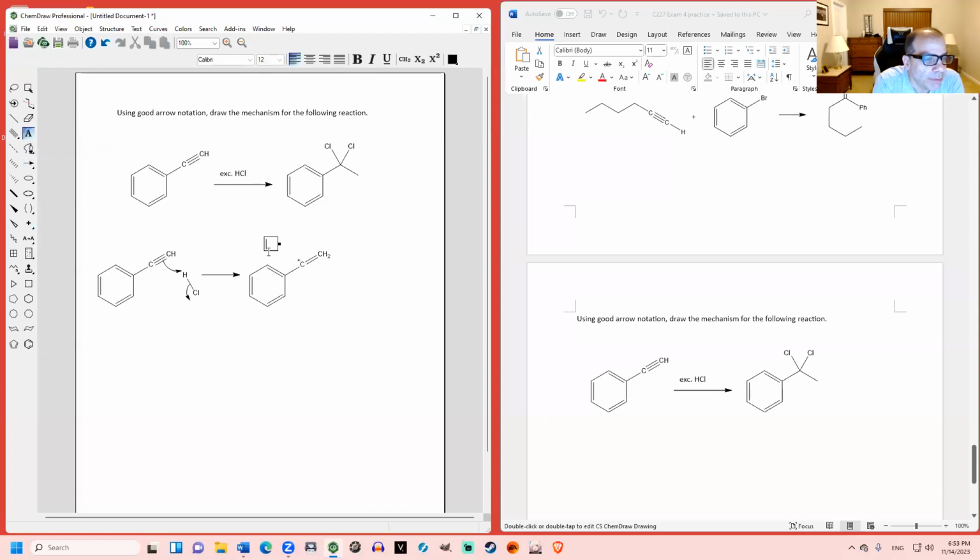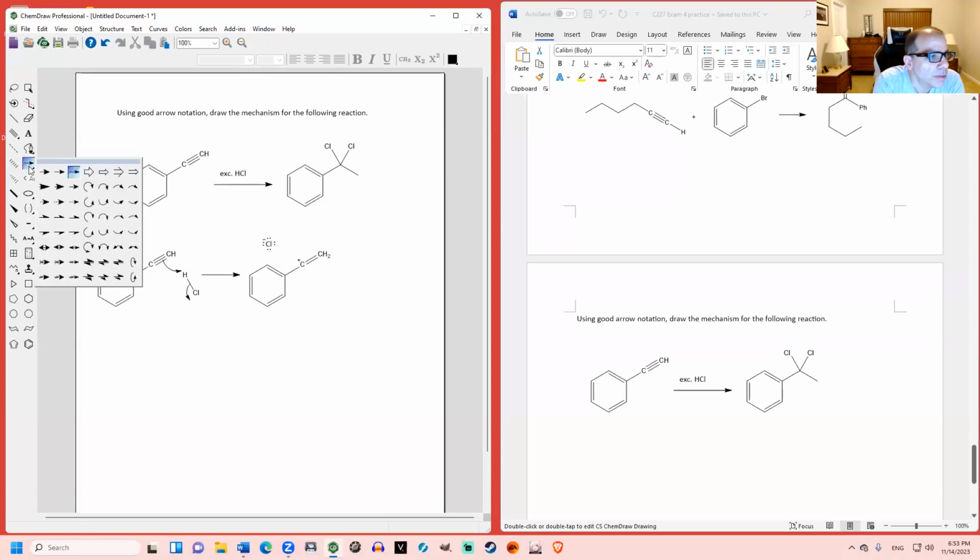We then have attack of the chloride ion onto that carbon.